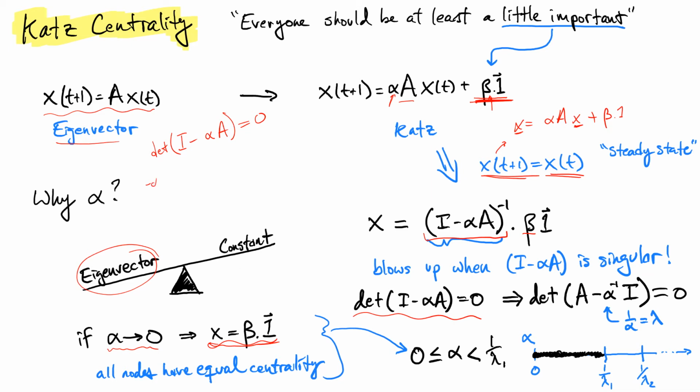So if I pull minus alpha out here, I get the determinant of A minus 1 over alpha times I, and that's equal to 0. Because this is equal to 0 on the right-hand side, I can just get rid of that minus alpha by dividing by minus alpha on both sides. So now I'm looking at this new expression, and that's essentially what I have here.